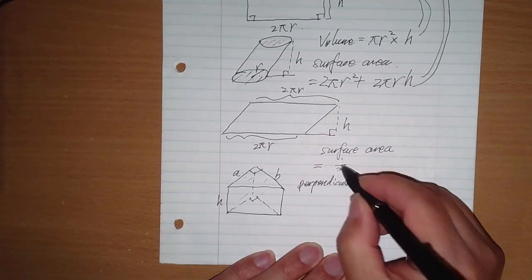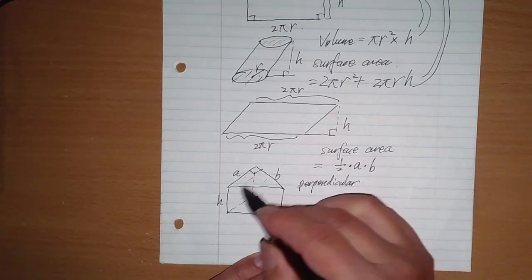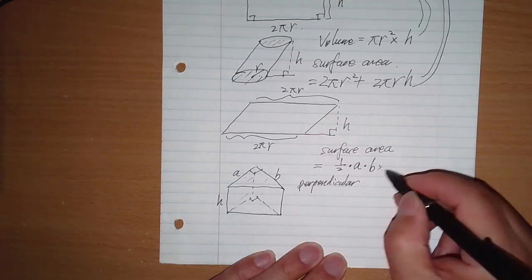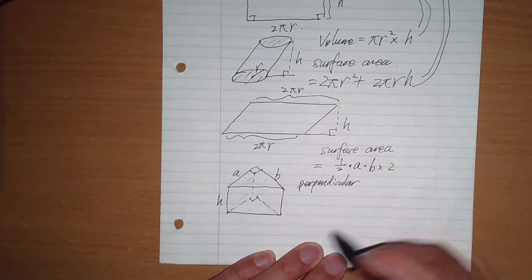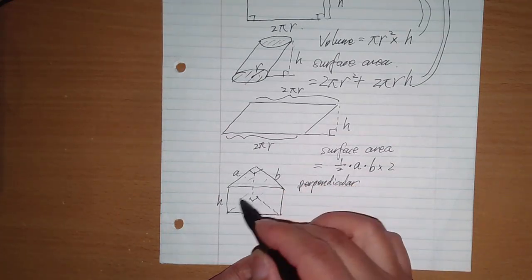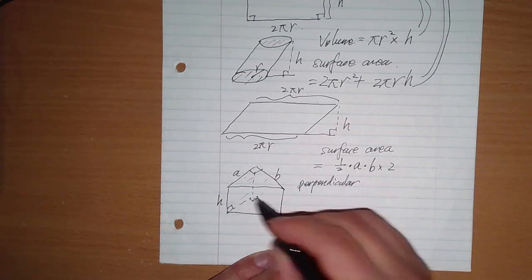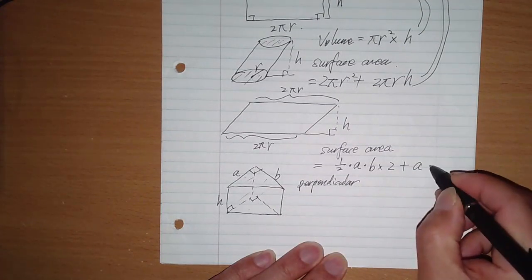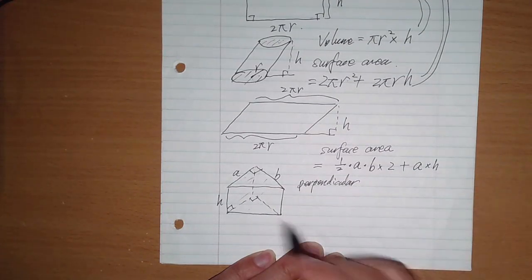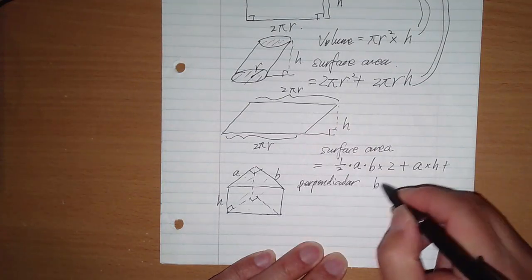So it's going to be half one leg times another leg. So that's the area. And then we have two of these, one at the top, one at the bottom. And then now we look at the side, and assuming this is a 90 degree, the side is going to be A times H, right? And then this side would be B times H.